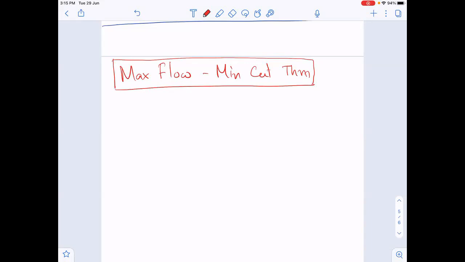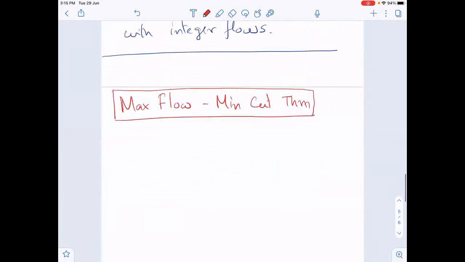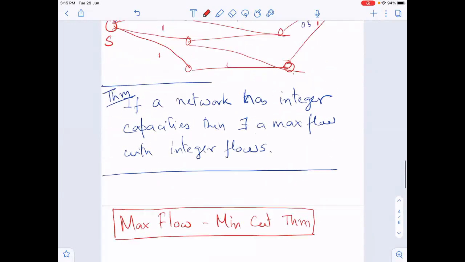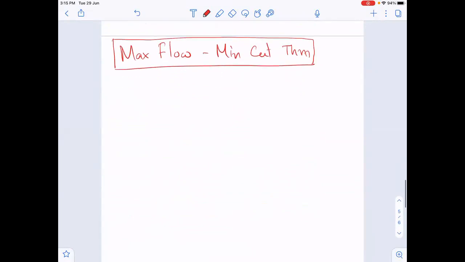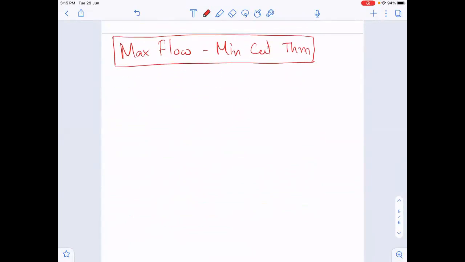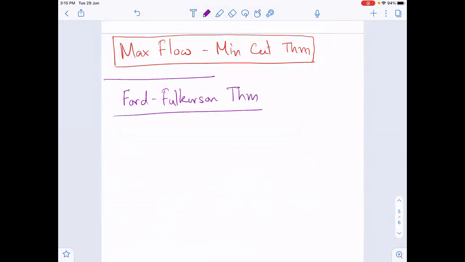But instead, I will give you an algorithm for how to solve an integer flow problem. Okay, and this algorithm is the same as the one behind the max flow min cut theorem that was done. The thing that is told is what is called the Ford-Fulkerson theorem. So it is almost a greedy theorem.